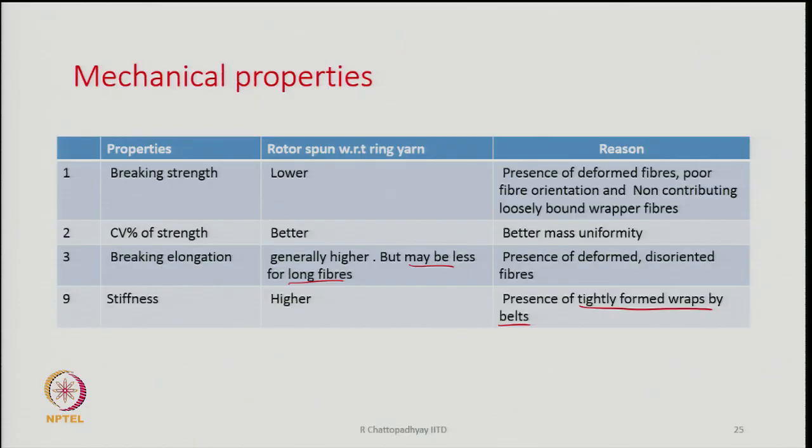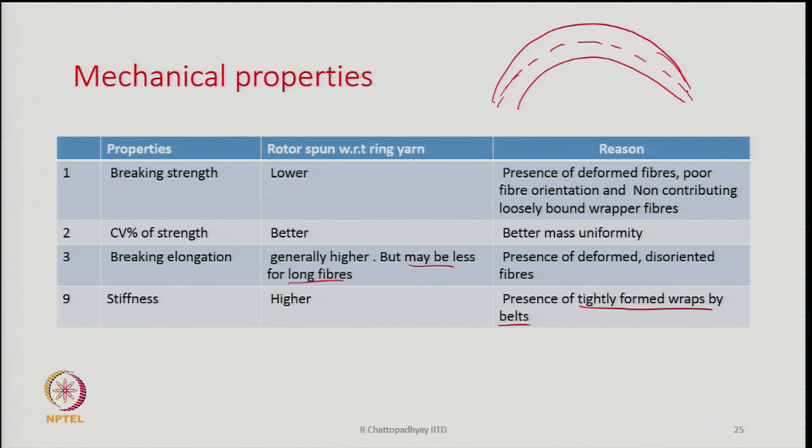See, whenever there is a bending of a bundle of fibers, some fibers try to move with respect to the other fibers. Suppose I want to bend a yarn, suppose this is my yarn, and we all know the beam bending neutral axis.